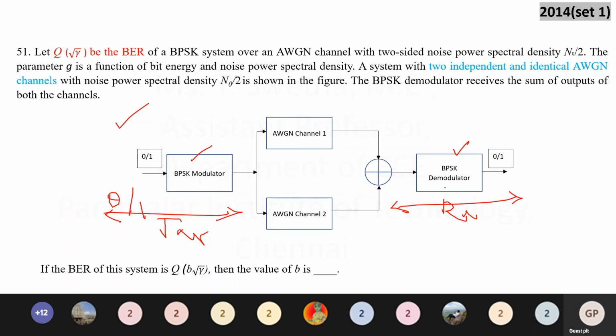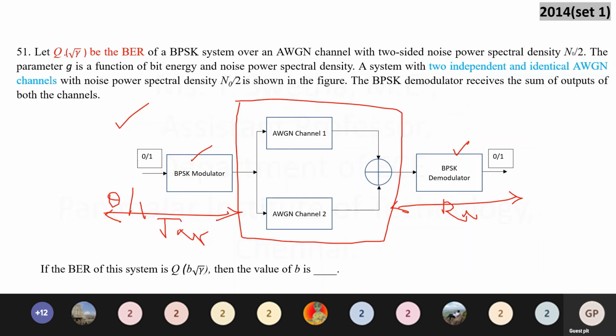Using a demodulator you extract the original data bits, logic 0 and logic 1. In between we have a channel. If you look closely, we have two different channels, and both channels are additive.